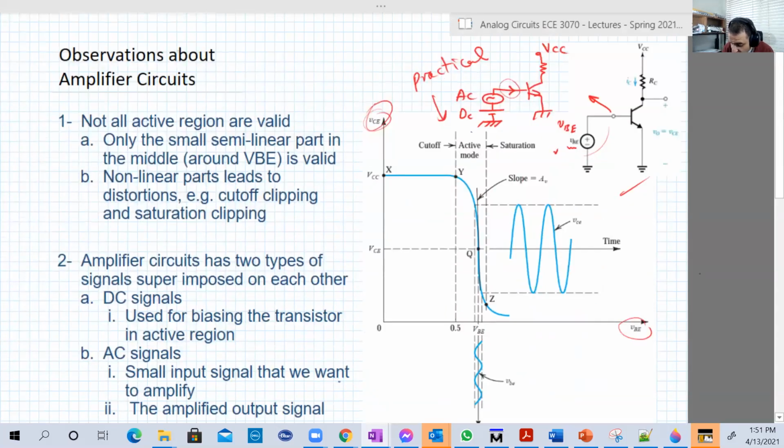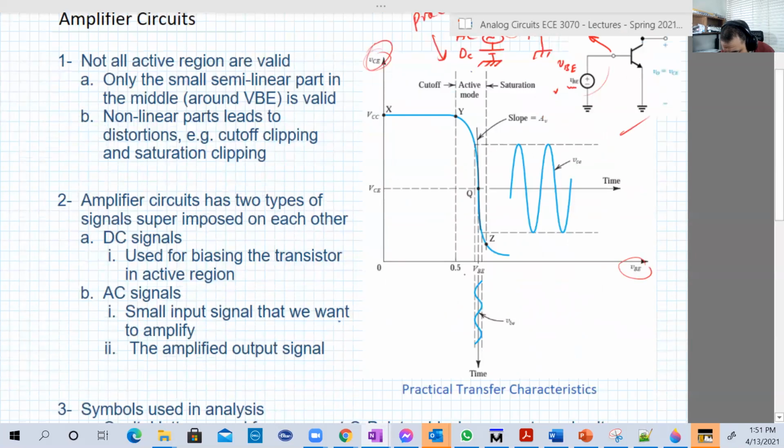So basically here, look at the input. The input here is basically a DC, which is basically the distance between that point at 0 and the center line. And this DC is basically this value, V capital BE capital.